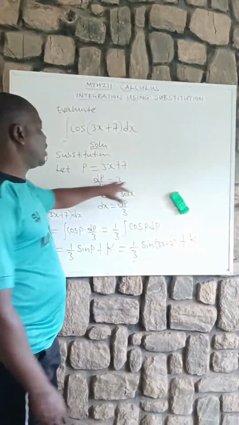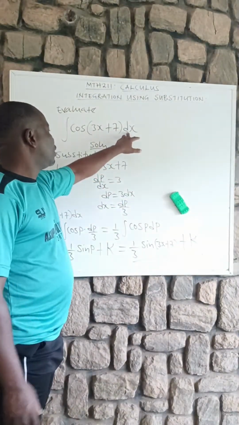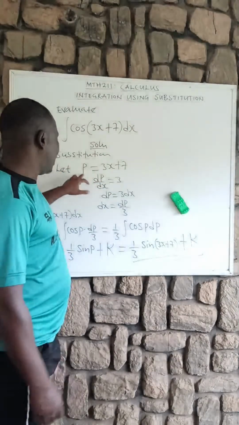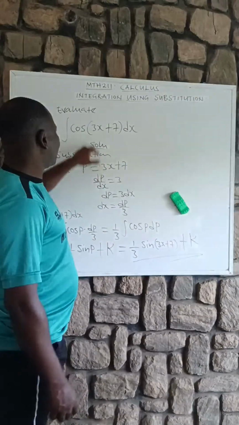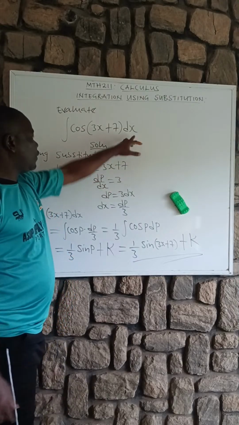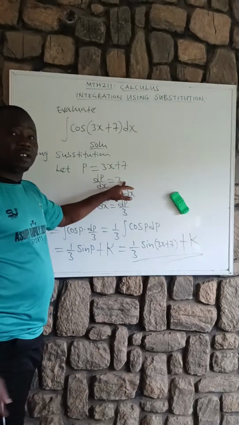So you have to differentiate this function because you are applying substitution. It means you have to replace this dx with what you have said, in terms of p. Is that clear? Then you have to replace this 3x + 7 with what? p. So if you differentiate this function, you are going to have dp over dx equals 3, true or false.